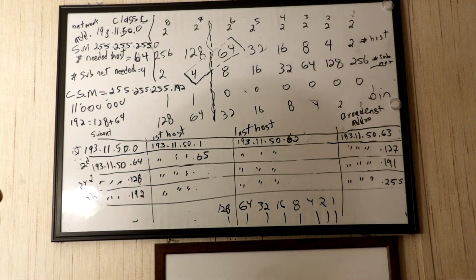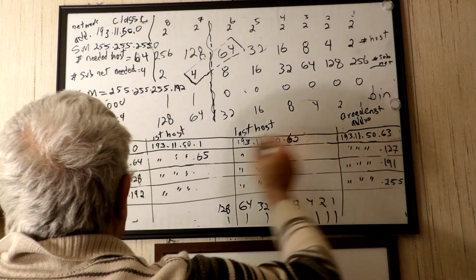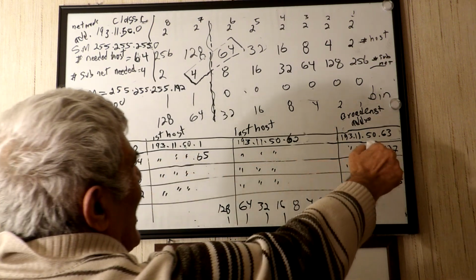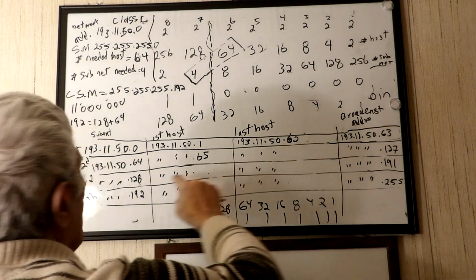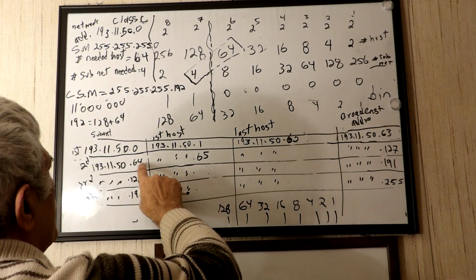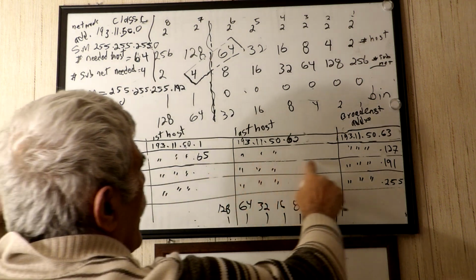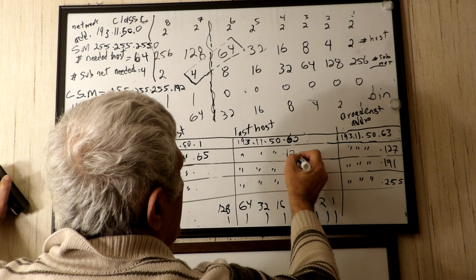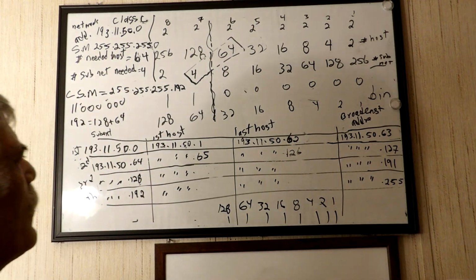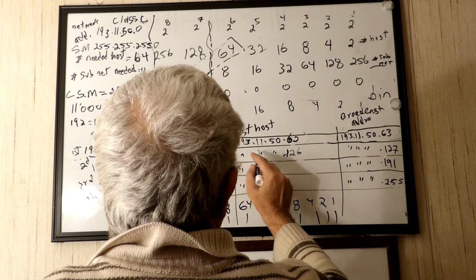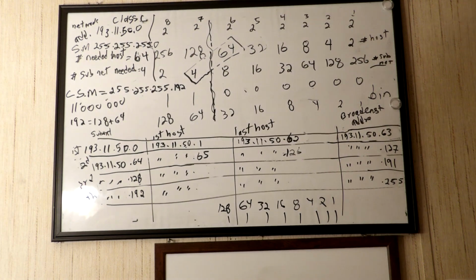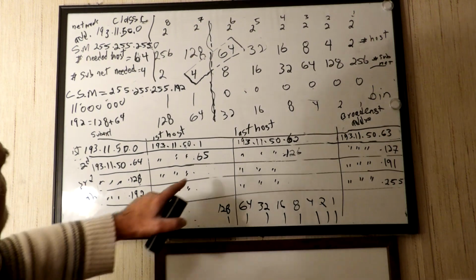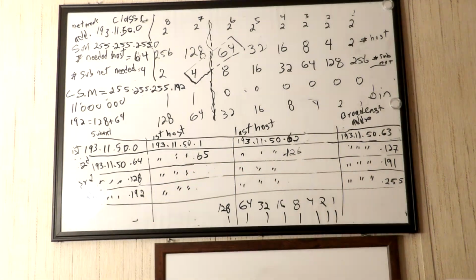There are 4 subnets, and you see 63 is one less than this one, 127. The last address is for the broadcast address. So I start from 65 up to 126, because it's going to be less than this. So in the second network, we have from 0.65 to 126.